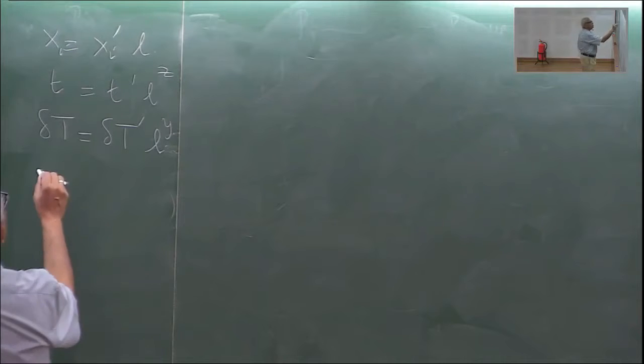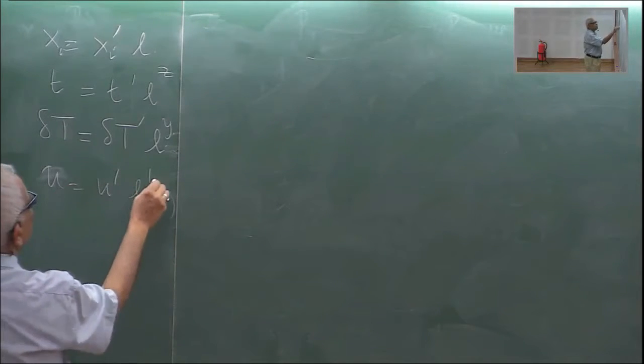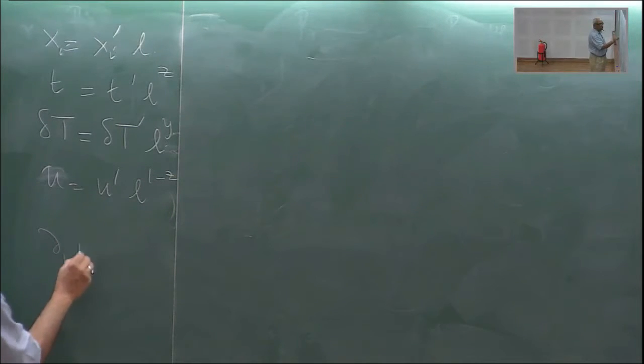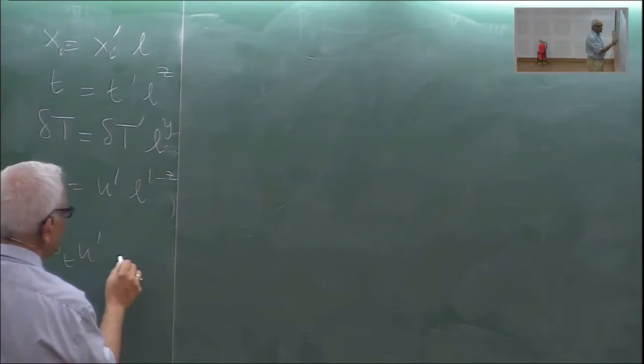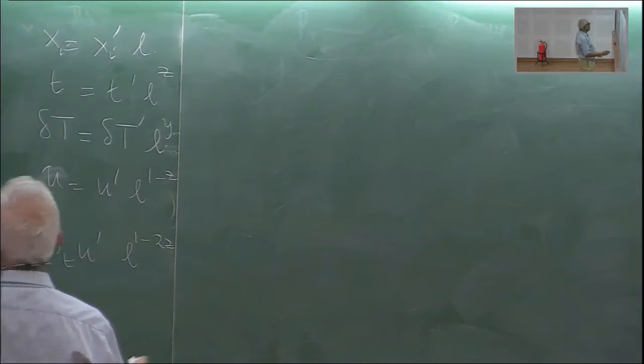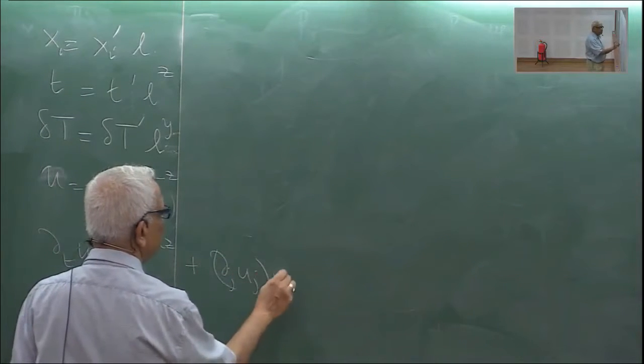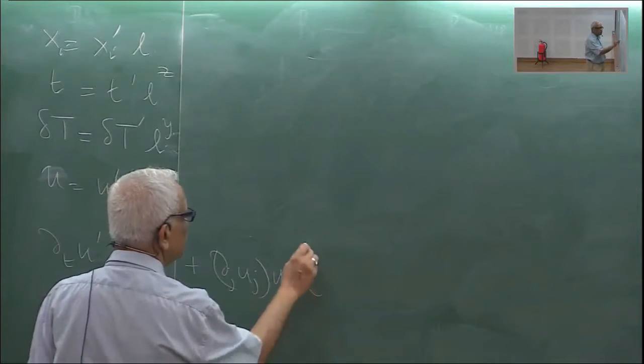Yeah, all right. So I want to do the rescaling, and so u is equal to u prime L to the power minus 1 yz. So I write the first one, which we have looked at before, L to the power minus 1 over 2z, plus this one, which has to be done the same way because it's really the same thing.